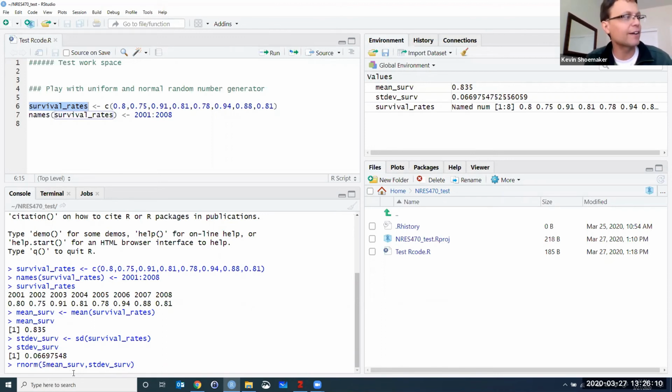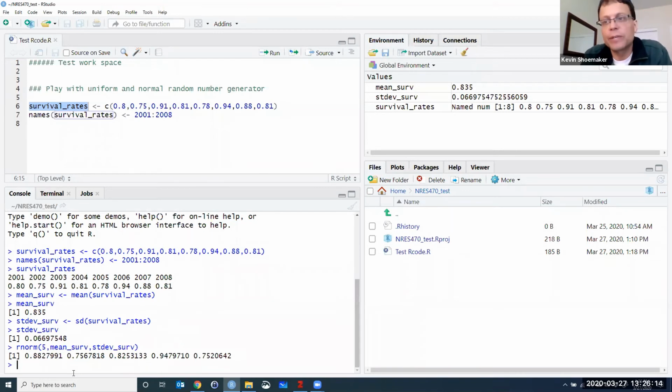So let's generate 5 random numbers out of that distribution, and there we go. You're going to get something different because this is a random number generator, but I get numbers that are basically centered around 0.835 and have some variability associated with that standard deviation. And if I wanted to look more carefully at this, let's generate 500 random numbers out of this.